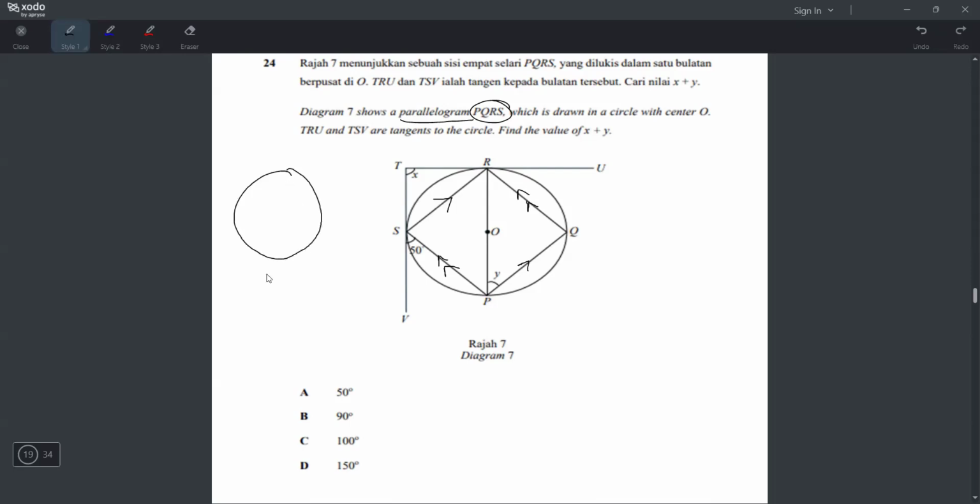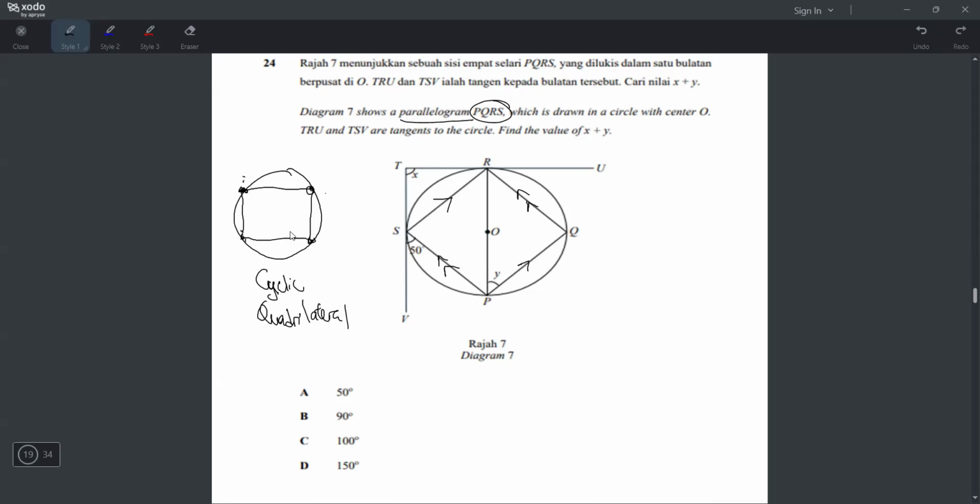First thing I want to talk about is the cyclic quadrilateral, because this question mentions something related to it. What is a cyclic quadrilateral? It means you have a circle and a quadrilateral inside the circle, with all four sides, and all four vertices, the corners, on the side of the circle.